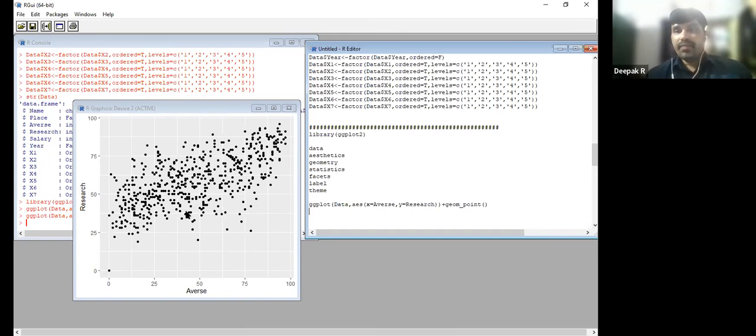So we will be able to notice that as they become more and more risk takers, they would like to do more and more research before they go for any investing.